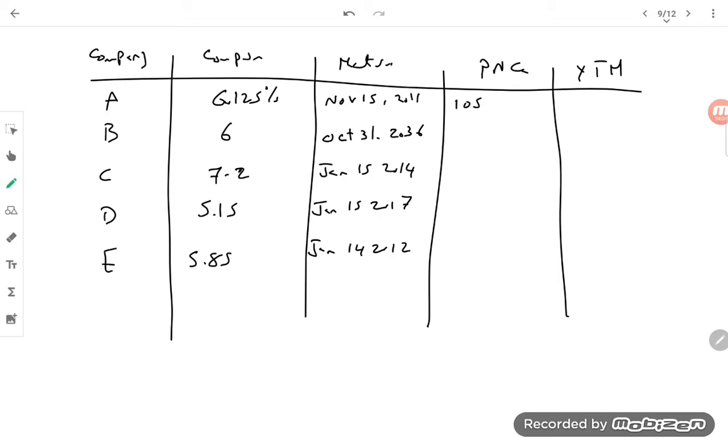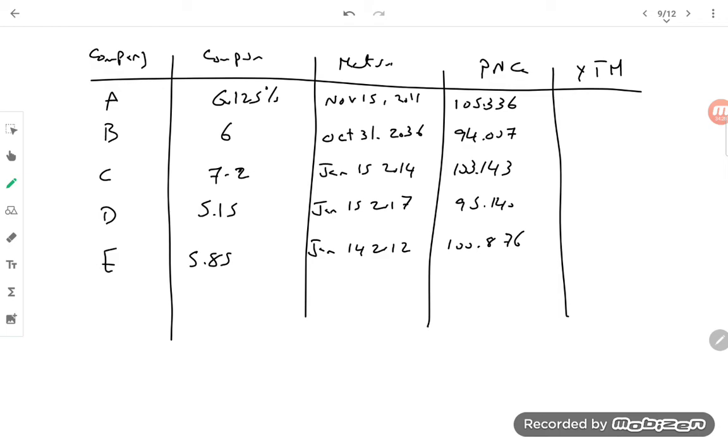Prices: 105.336, 430.07, 103.143, 95.140, 100.876.